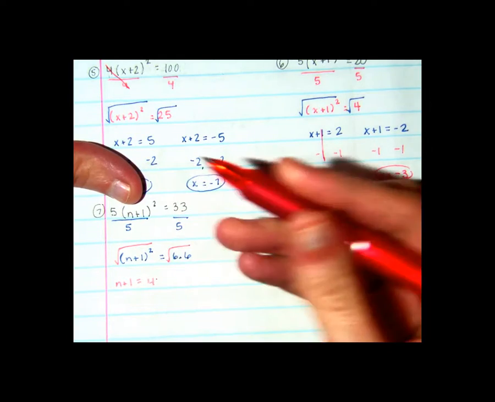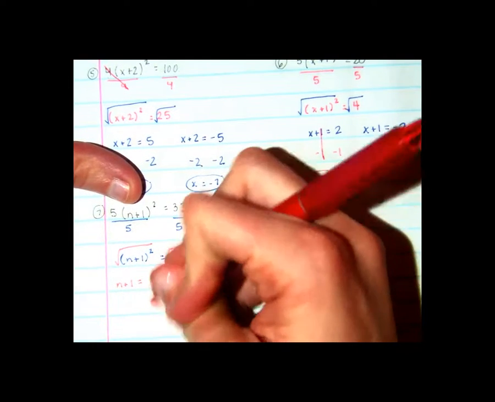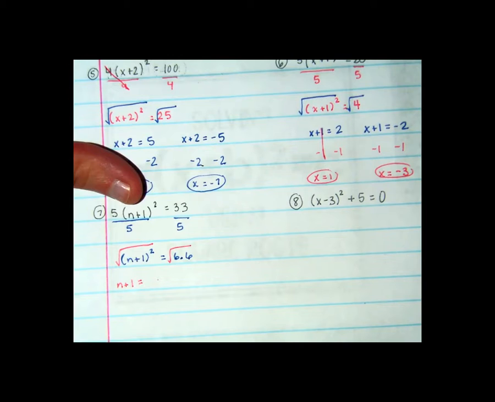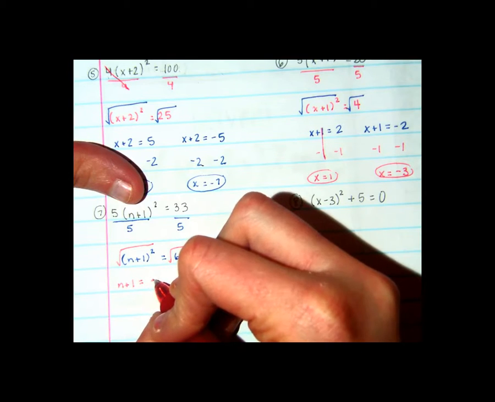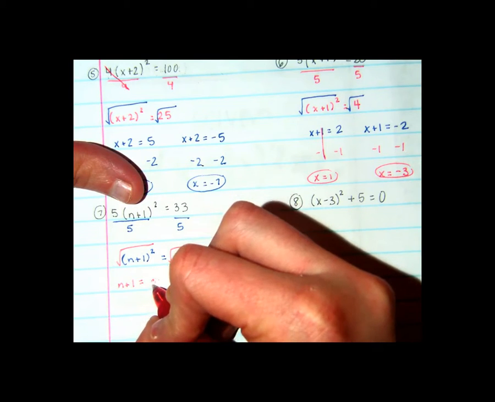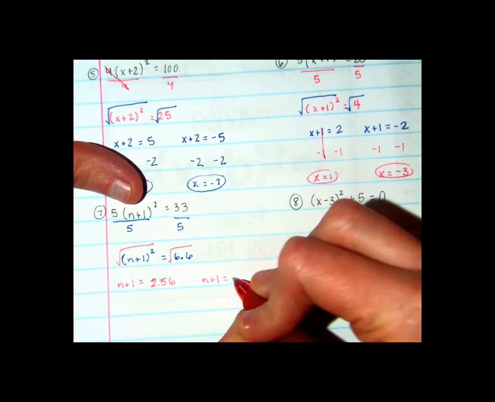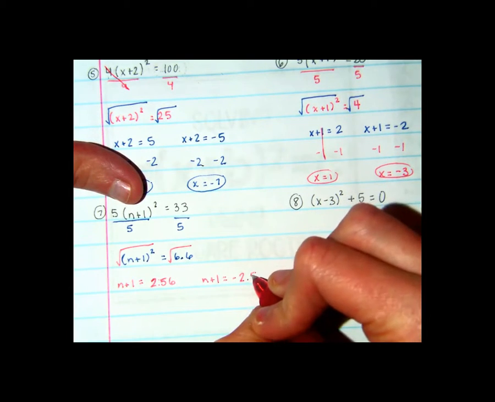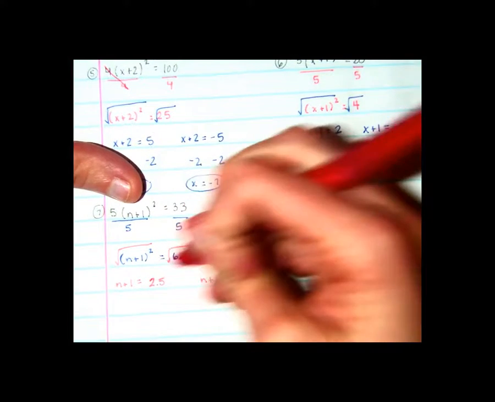Square root of 6.6? 2.2? 2 point. Make sure you do 2 decimal places, not just 1. Oh, then 2.57.